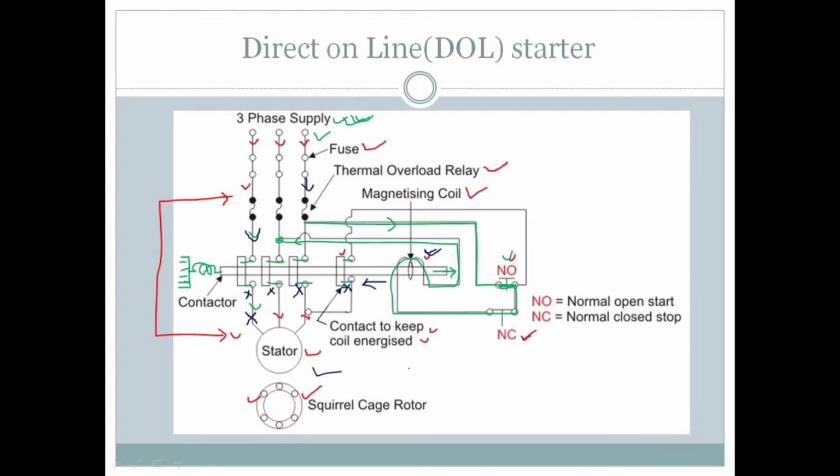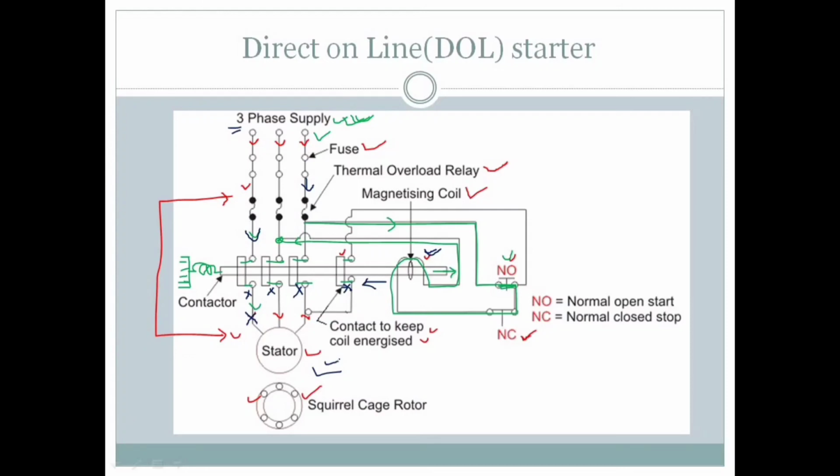So here we studied that in the direct online starter, our three-phase induction motor is protected when overload or fault current passes from the three-phase supply, and it also starts our three-phase induction motor.